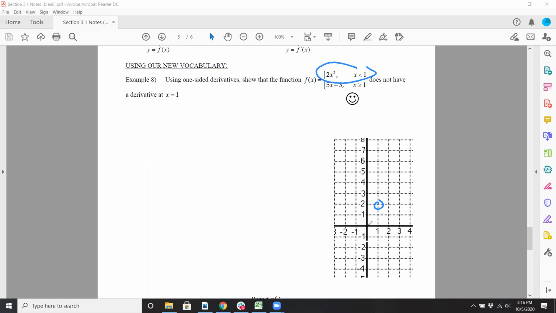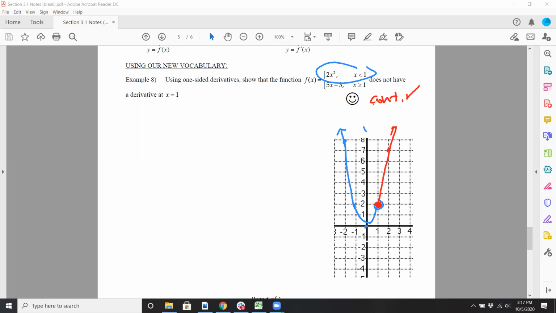And it's 2x squared, so if I just do everything else, I think it's way up here. It goes on forever. 5x minus 3, so x is greater than or equal to 1. So if I plug in 1, I still get 2, so it is continuous, for sure. And slope of 5, so up 5 over 1. That makes sense. So you have that. And remember that the hole is filled in.